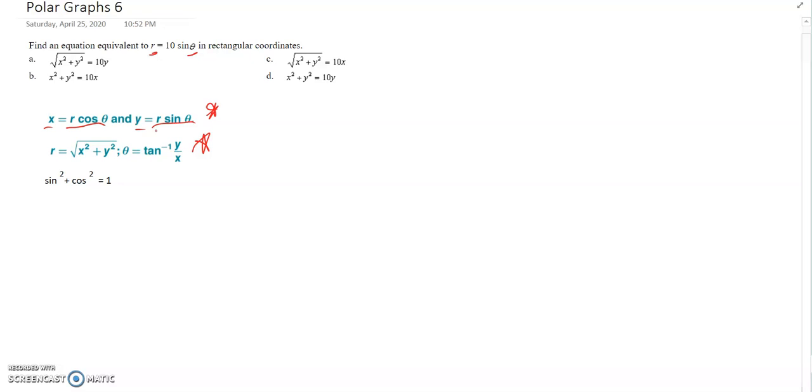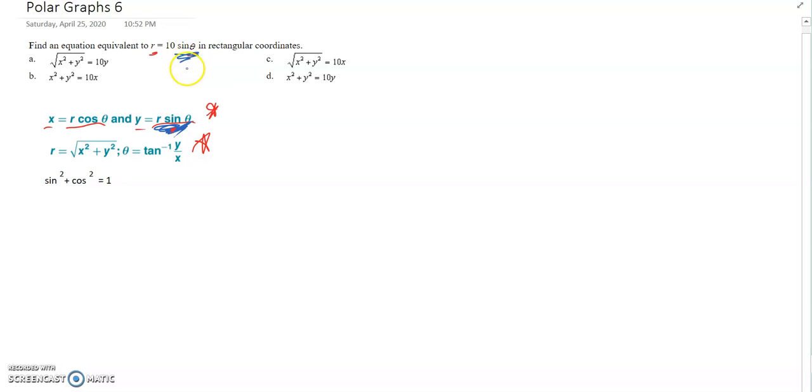Let's start by multiplying. Looking at this, it's very close. Before we jump into anything, if I look at r sine theta, that's very close to this. The only thing that's missing is an r.